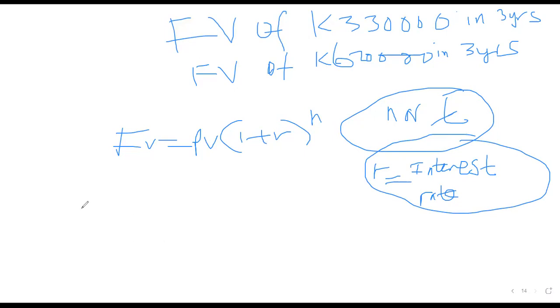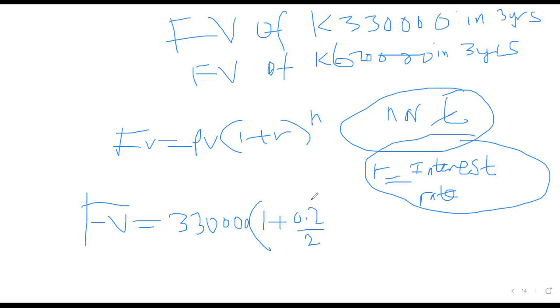So the future value is equal to present value, which was the 330,000. Semi-annual compounding: 1 plus rate 0.2 divided by 2, to the power 2. In 3 years, there will be 6 compoundings.